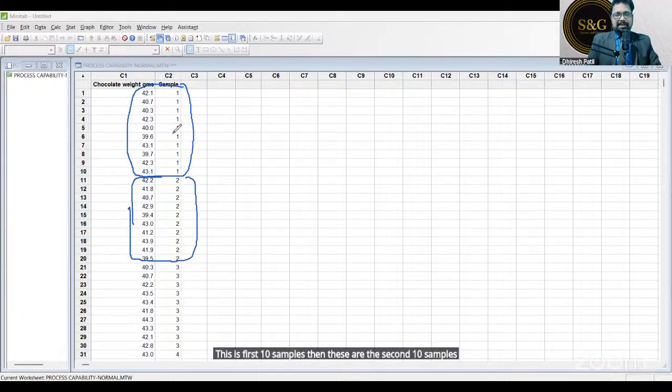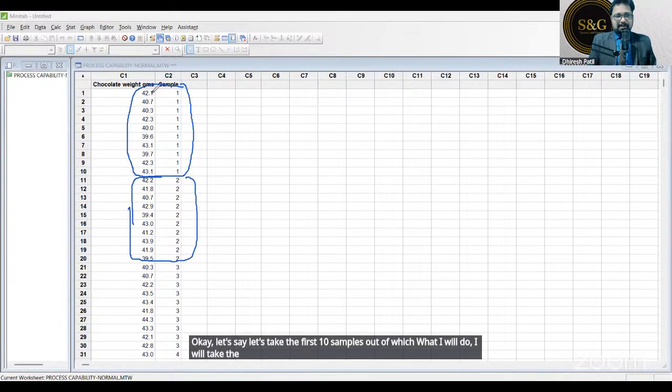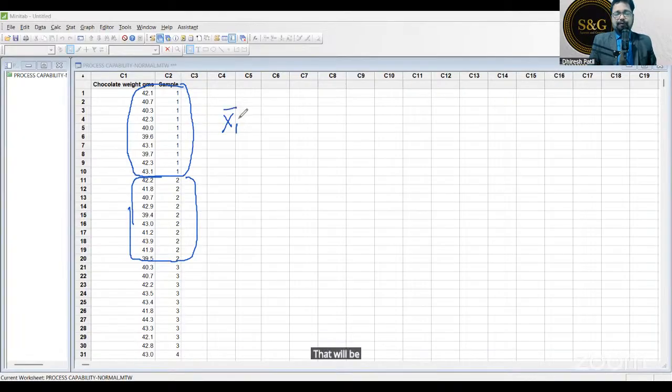Let's take the first 10 samples. I will add them up and take the average of 42.1, 40.7, 40.3, and so on. That will be X1 bar, the average of the first sample. Similarly, I'm talking about the X bar R chart.